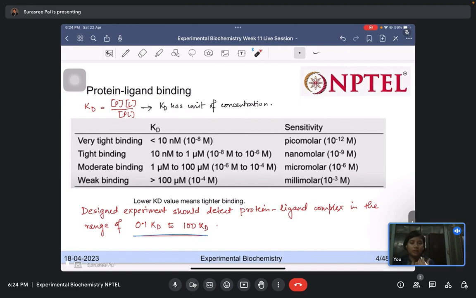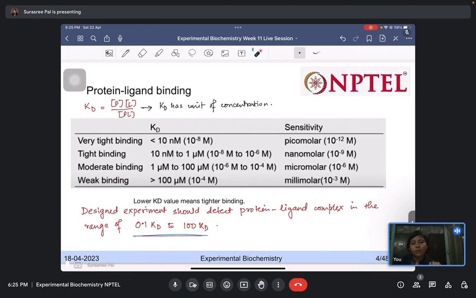So how do we determine that? If we are designing an experiment and we can assume a Kd for the protein-ligand complex, then the range of sensitivity of that particular instrument or experiment should be in the range 0.1 Kd to 100 Kd.